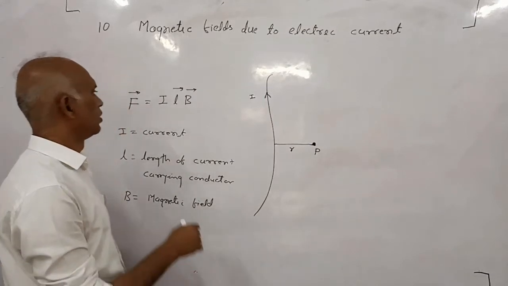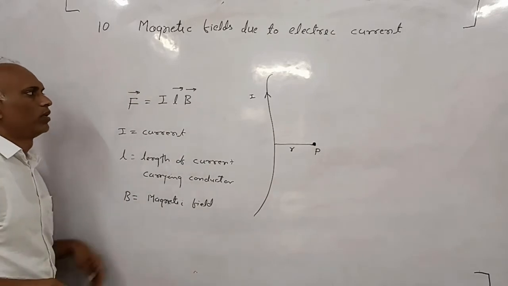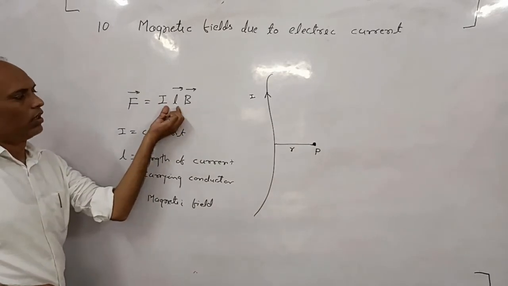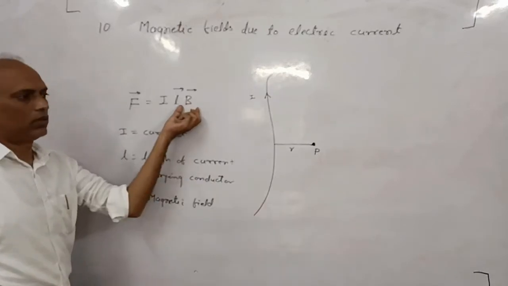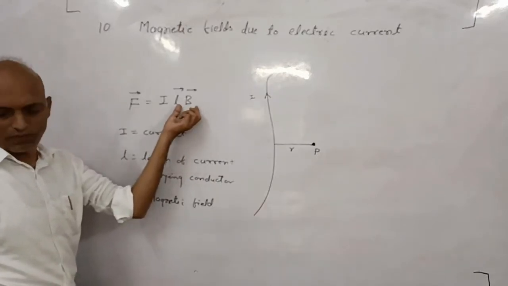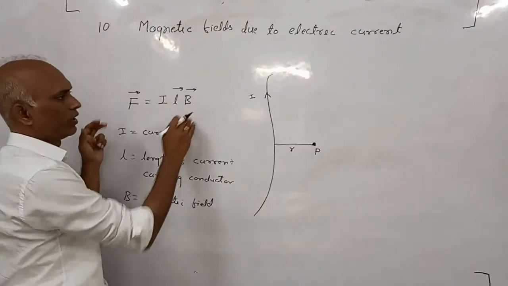Here, this is in vector form, where L is the length of the conductor, B is the strength of the magnetic field, and F is the force.